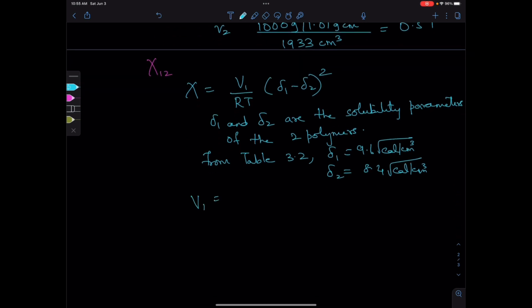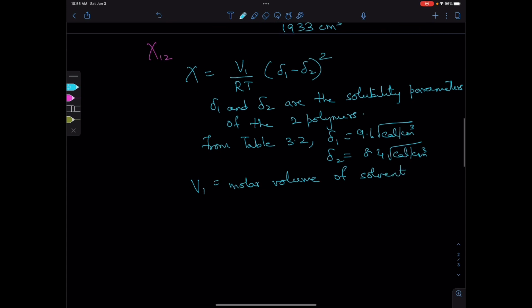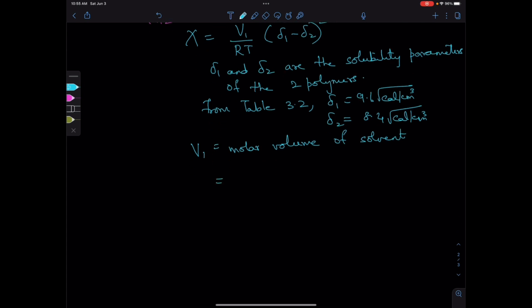V1 is the molar volume of the solvent, and the molar volume of the solvent is 1 mole of polystyrene, which is 104 grams per mole, over the density, which is 1.06 grams per centimeter cube, which is 98.11 centimeter cube.